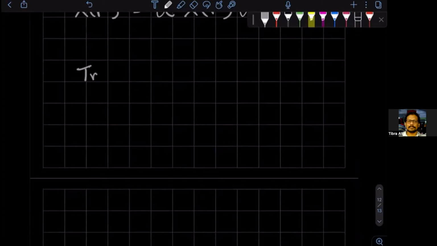So if I say, what is the trace of X of R prime, then we write this as trace of U X of R U dagger.